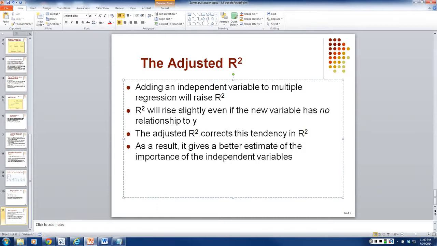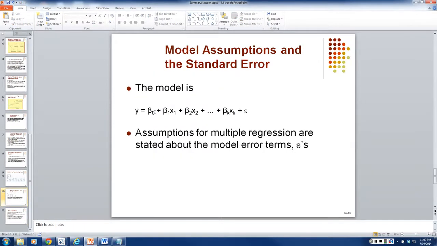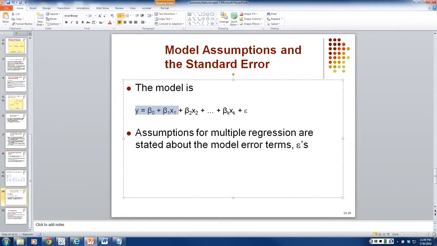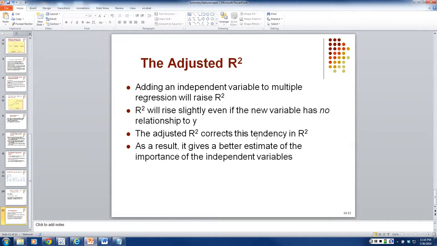In other words, suppose we have y equal to beta 0 plus beta 1 x1 plus beta 2 x2. If we add x3, even though x3 is not related to y, the value of R-square will still go up. There is a mechanism to control that, called adjusted R-square. So adjusted R-square is a much more accurate reflection of the strength of the relationship.